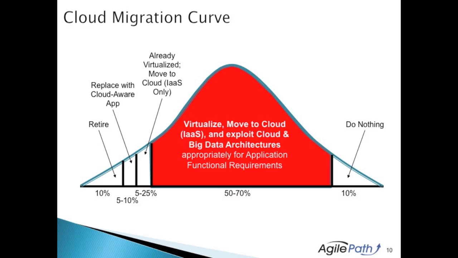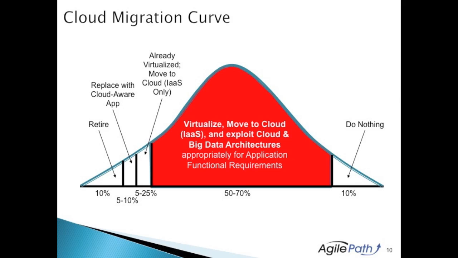What we mean by cloud-aware is that there's either a SaaS-based application out there that can perform that functionality, there's a platform as a service, or some other development platform that can be used to replace that functionality. What we're suggesting is there are going to increasingly be natively cloud-architected business applications that you can start to look at as replacements for your legacy applications or parts of your legacy application portfolio.